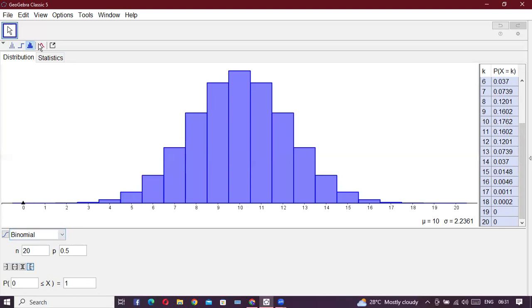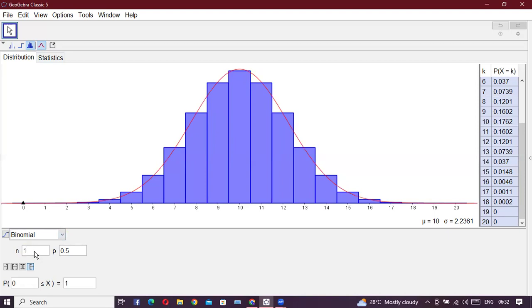You see the buttons at the top here. When you click on the red one here, it shows you the normal distribution curve, and how it relates to the binomial. As the number of trials increases, the binomial curve gets closer and closer to a normal distribution curve.